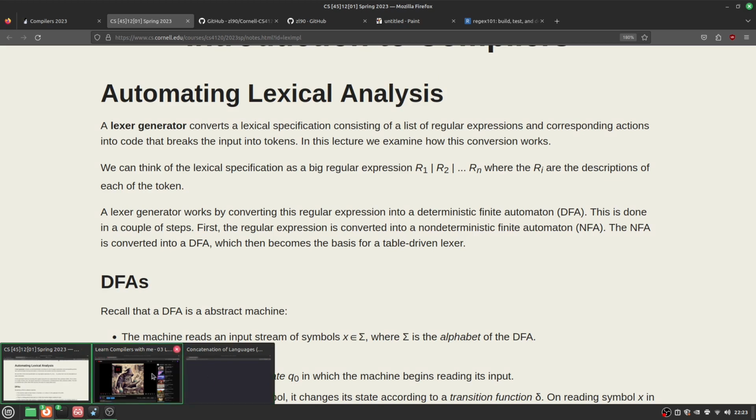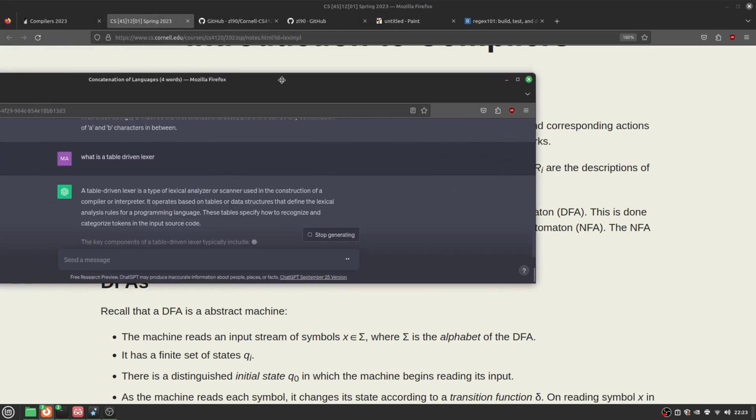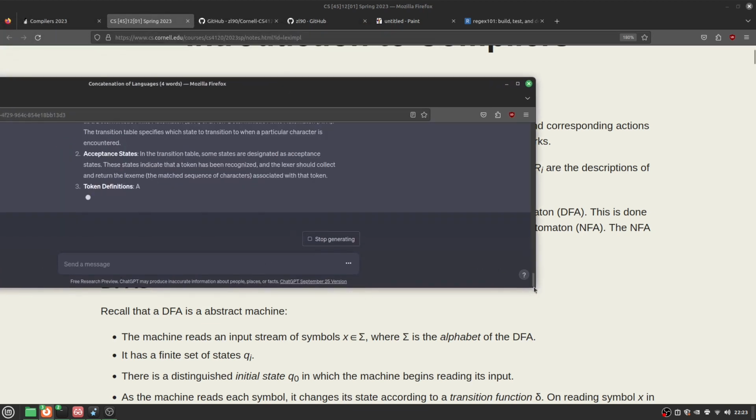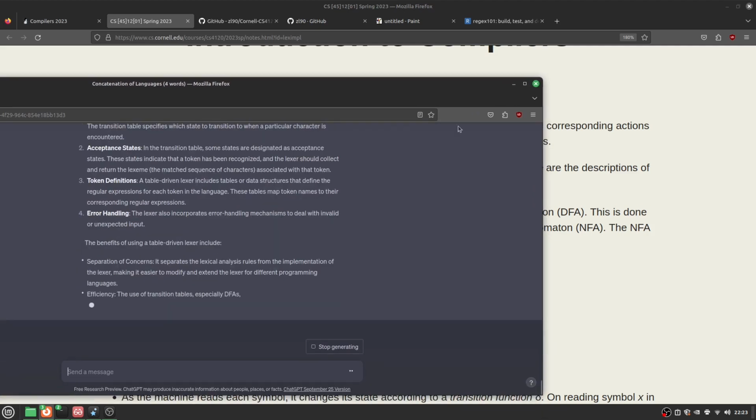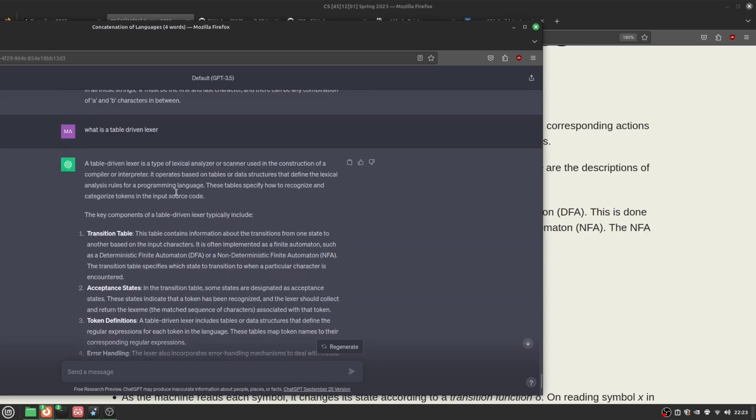Going to quickly consult ChatGPT. A table-driven lexer is an analyzer or scanner used in the construction of a compiler. It operates based on tables or data structures that define lexical analysis rules for a programming language.